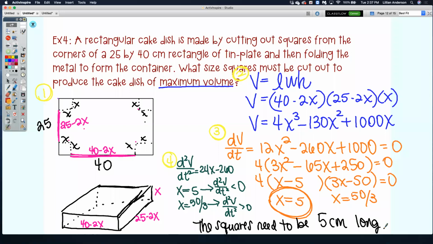Because if you cut 12.5 from both sides, you don't have a three-dimensional shape anymore. So if you wanted to, that would technically be an endpoint that you would want to test to make sure that wasn't your maximum value. But I can already tell you right now that's not the case. 5 is your optimal value right there.